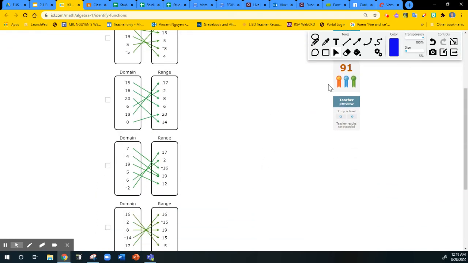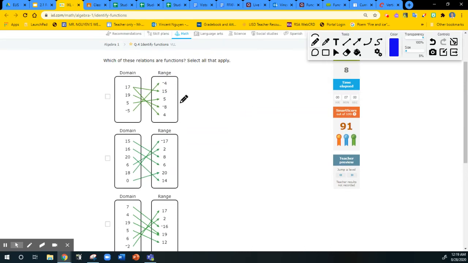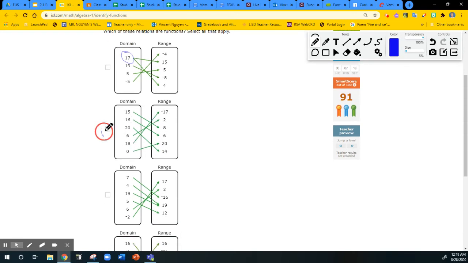Excellent. Okay, same thing, guys. I think I'm going to stop after this one, or maybe I'll try one more and then stop, because we have to do the vertical line test also. So this one is the problem. It's going to two places, no good. This one is good. Each one is only going to one place, right? I'm sending 0 here, I'm sending 18 there, I'm sending 6 here.